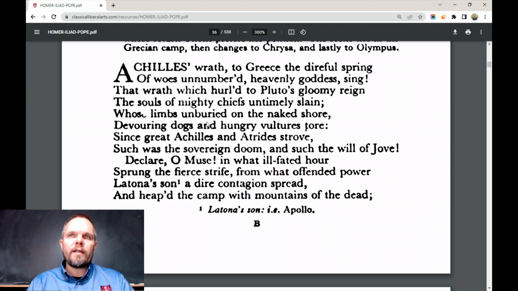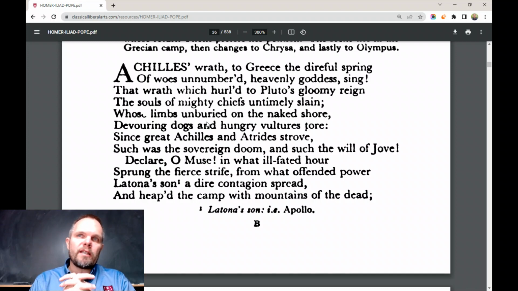He's invoking this goddess and asking her, heavenly goddess, to sing through him and to him of the wrath of Achilles, which was the direful spring, the terrible source of woes unnumbered, of countless evils.